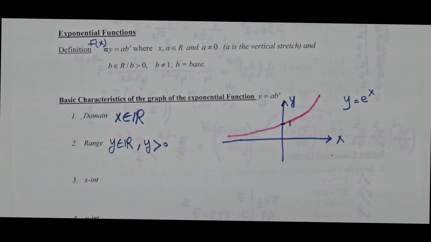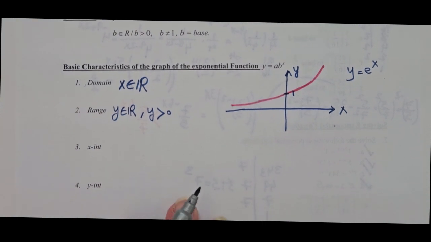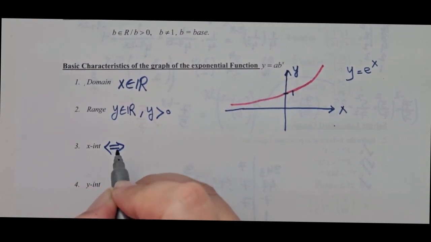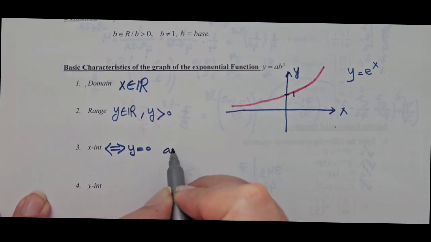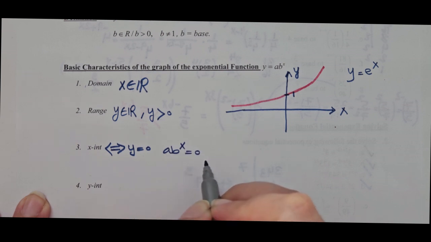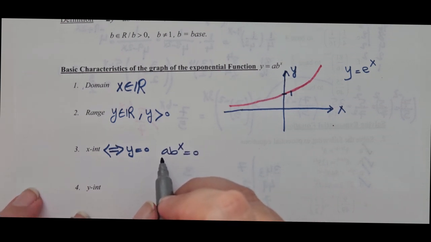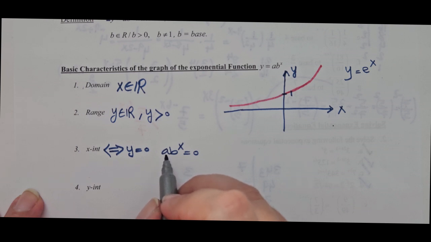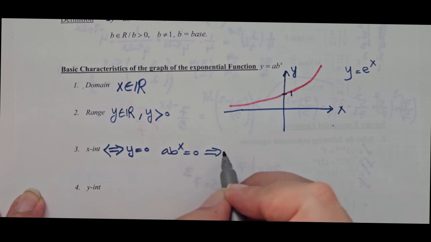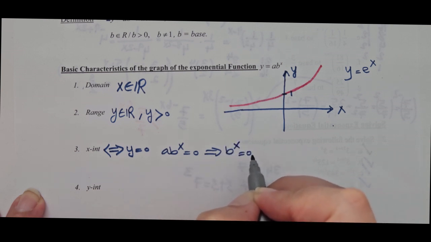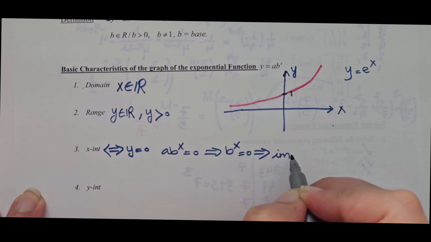And now let's talk about the x-intercept. The x-intercept is when y is equal to 0, right? And if we want to solve this equation, that means a times b to the power x is equal to 0, okay? And remember, we had this condition that a cannot be 0. So in other words, if we want this equation to be 0, b to the power x must be 0, which is impossible.